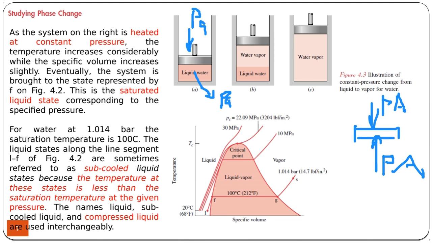You can see the phenomenon of phase change. So suppose that this one represents a situation somewhere here. So part of it is liquid, part of it vapor. So it's a mixture of vapor and liquid during the phase change. So there is a mixture of water and vapor.